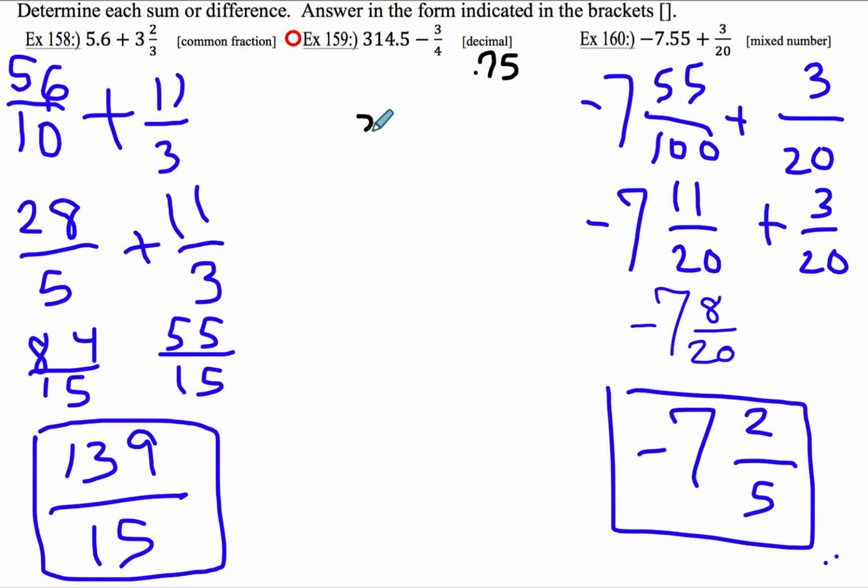So we're going to take 314.5, and we're going to subtract from that 0.75. Looks like we need a placeholder 0. 0 minus 5 cannot be done, so we're going to do some borrowing.